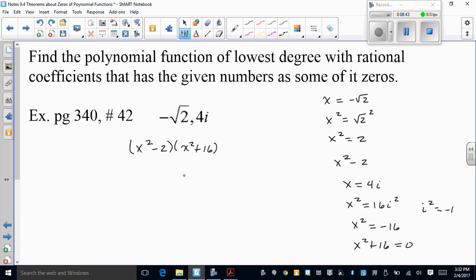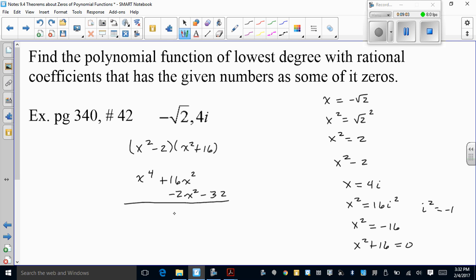Multiply this out. x squared times x squared gives me x to the fourth. That gives me 16x squared. Multiply by negative 2, I get negative 2x squared. And 2 and 16 is 32.